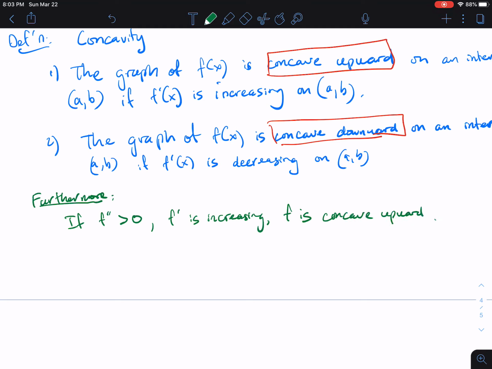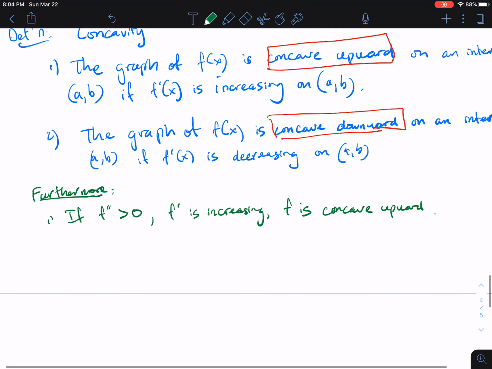So there it is. There's a relationship between the three functions. You have the original function f of x, the first derivative function, and the second derivative function. So if the second derivative is positive, that means the graph is concave upward, and that means the first derivative is increasing. So the three functions go hand in hand.